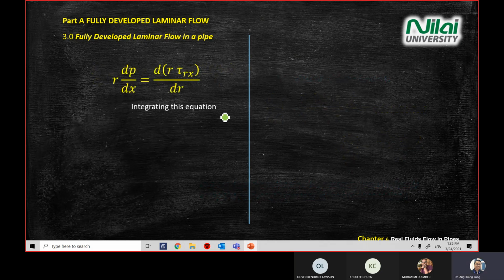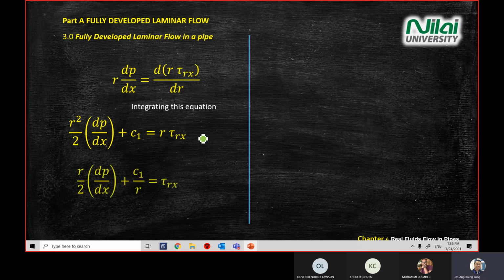Then we start to develop this equation by integration. So we just integrate this equation with r. This one, if you integrate with r, you get r squared divided by 2 plus a constant value. And this one, you integrate with r, you get r for this term.